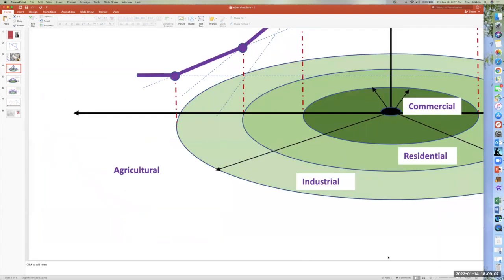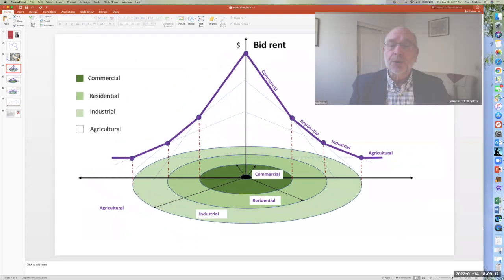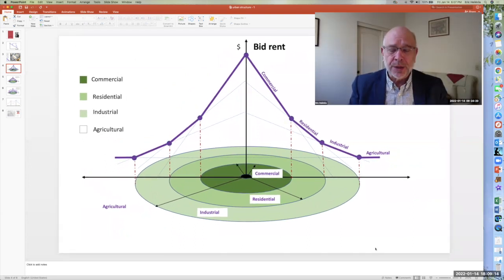The model is also useful for showing how to reconcile different land uses. So in this representation, we have commercial land, residential, industrial, and agricultural. The basic idea here is that the value of an additional increment of accessibility will be more for some activities than for others.